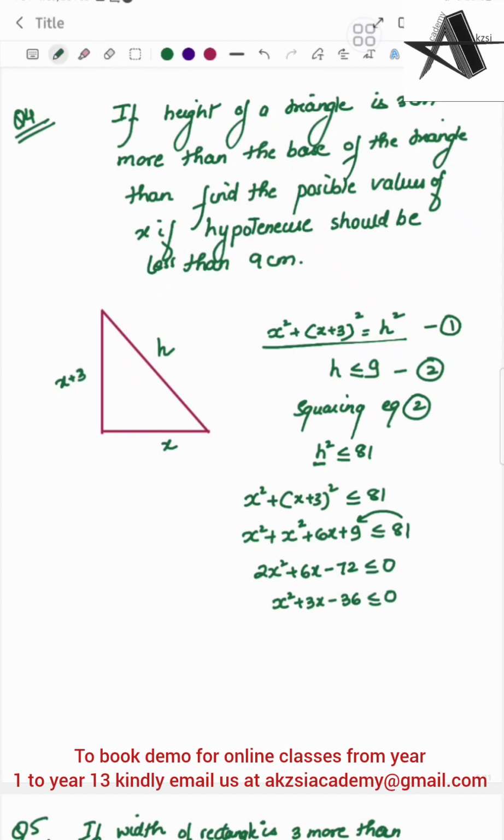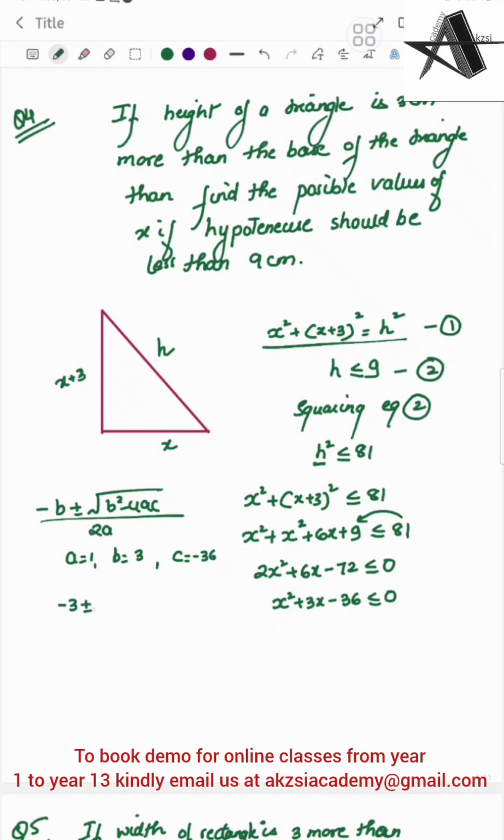So better we opt for the quadratic formula method to get the answer, which is minus b plus or minus root of b squared minus 4ac, over 2a. a, b, c are the corresponding coefficients of ax squared plus bx plus c, which is the standard equation. So a is 1, b is the coefficient of x, which is 3, and c is the constant, which is negative 36.